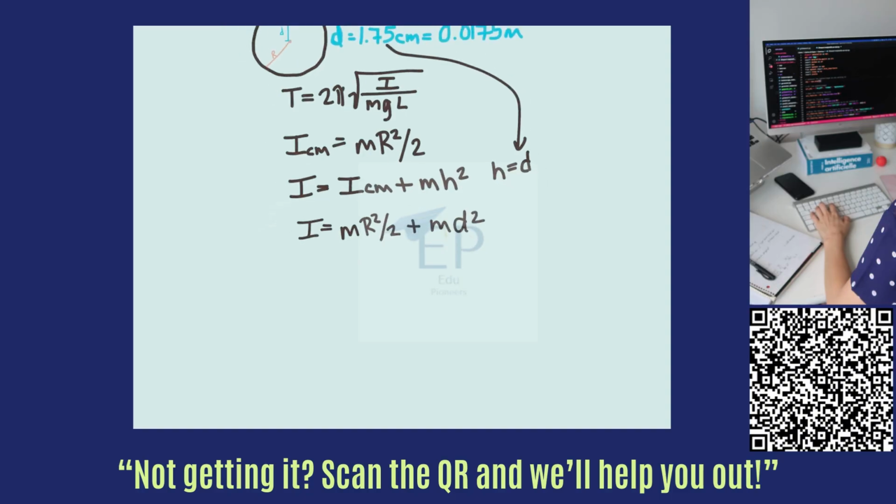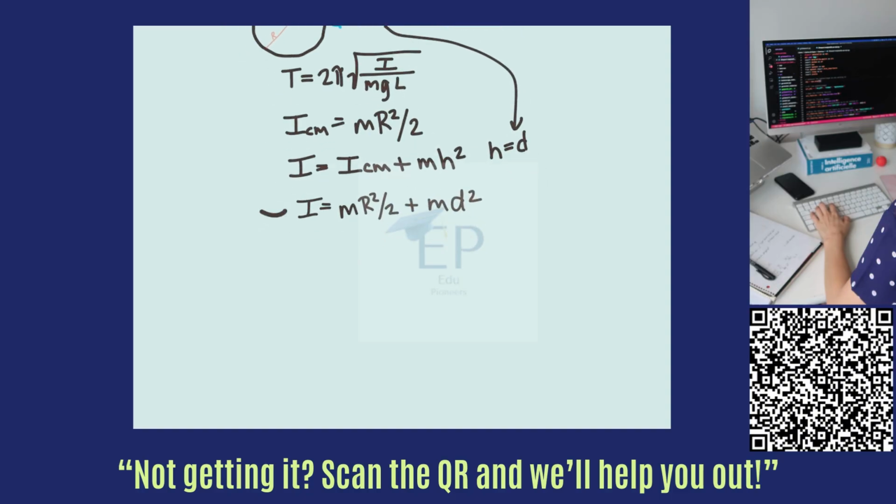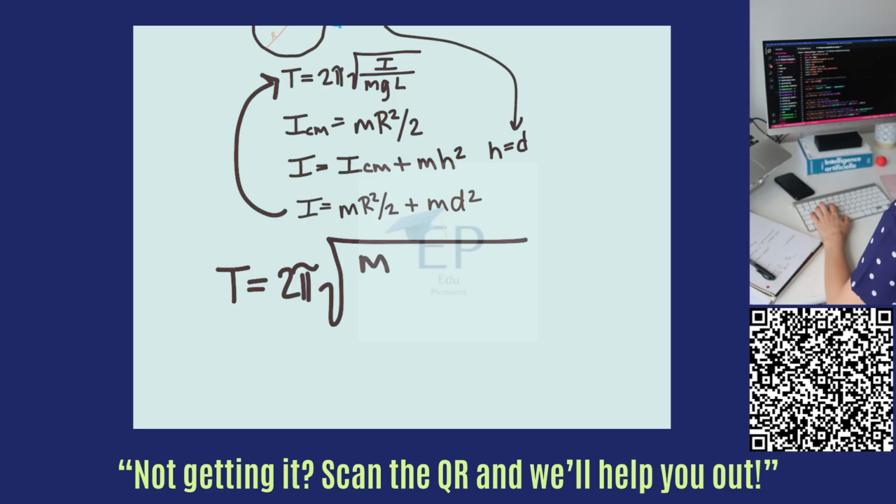Okay, so plugging this back up into our period equation here, we have period equals 2 pi times the square root of mass times radius squared divided by 2 plus mass times distance squared, divided by mass times gravity times distance.